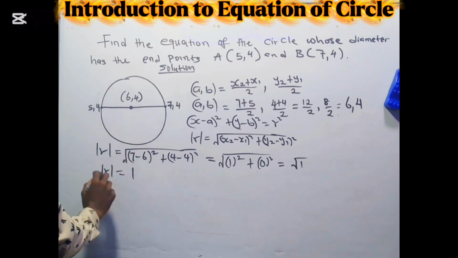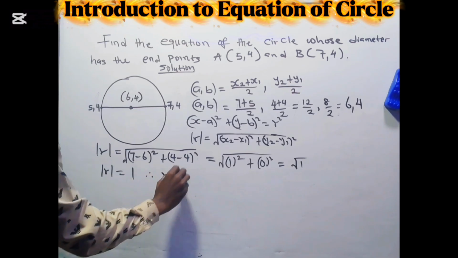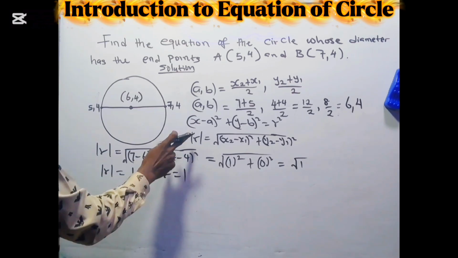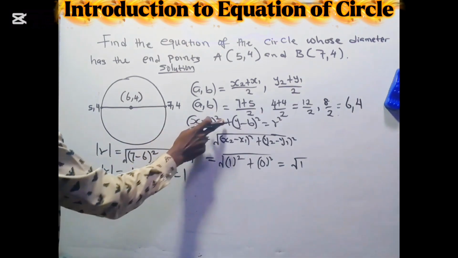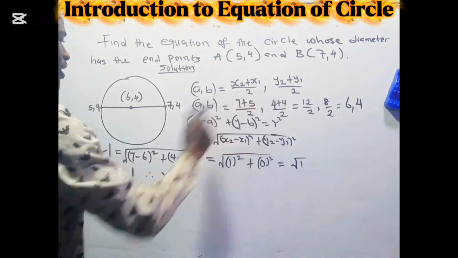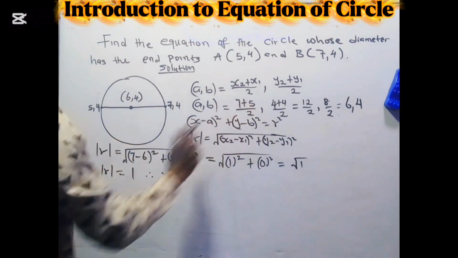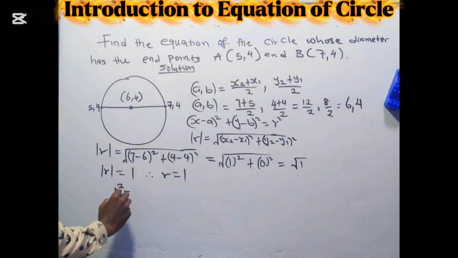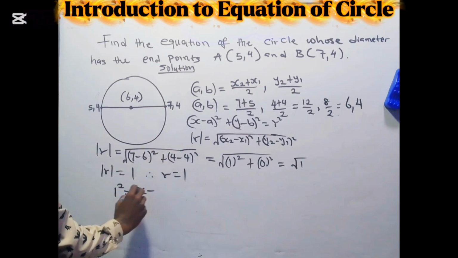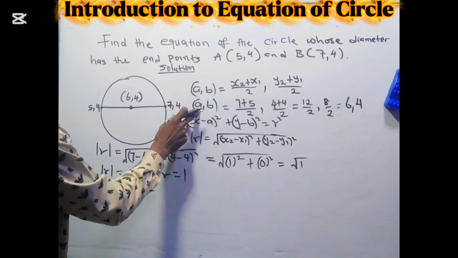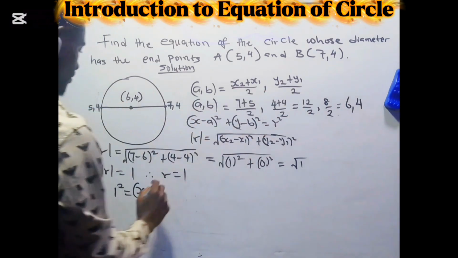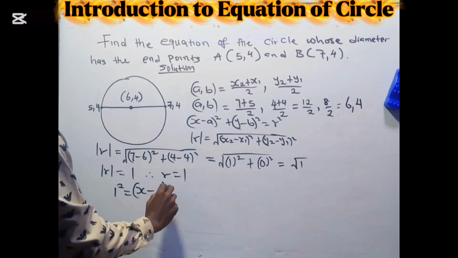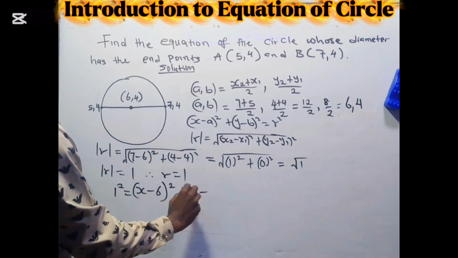Now, since r is equal to 1, let's now use our equation. (x minus a) squared plus (y minus b) squared equals r squared. Where our r is 1, we'll have 1 squared equals (x minus a). What is a? a is the first value, which is 6, squared, plus (y minus b).